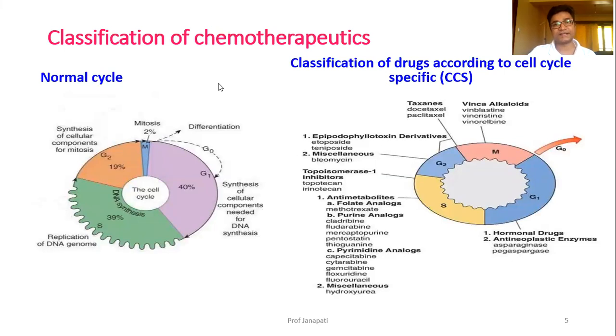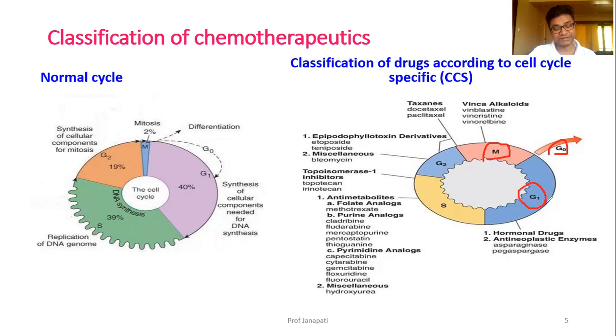So this is the cell cycle which we were discussing. What is that? M phase, where the mitosis process is occurring. Then from M phase, it can go to G0 phase, that is the resting phase. G means gap phase. Then it can go to G1 phase.